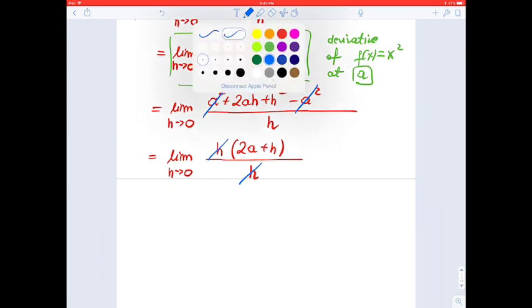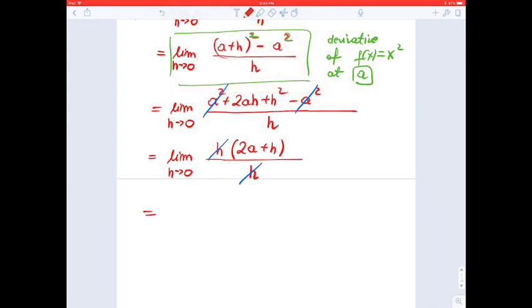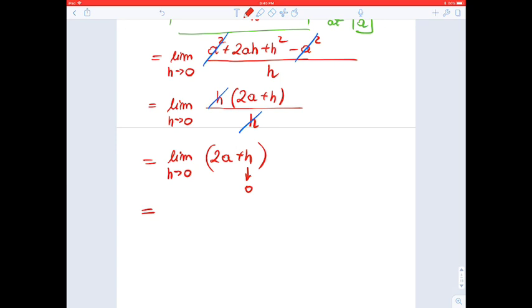That means my 0 over 0 is gone, and the derivative looks like the limit as h goes to 0 of 2a plus h. And now I can say h is 0. That means the derivative of the function x squared is 2a at the number a, of course.